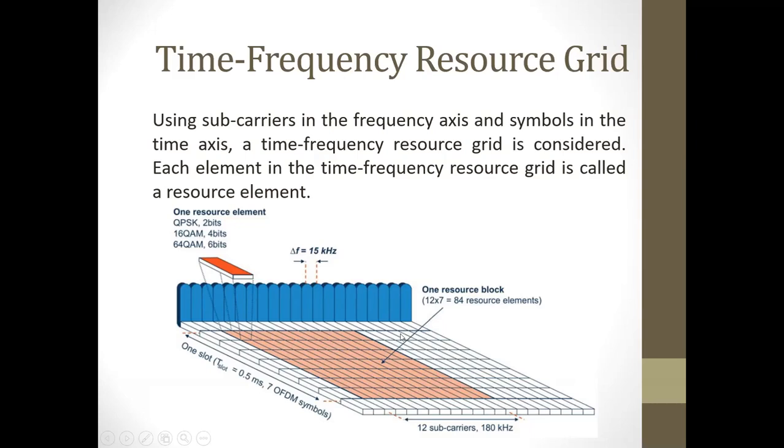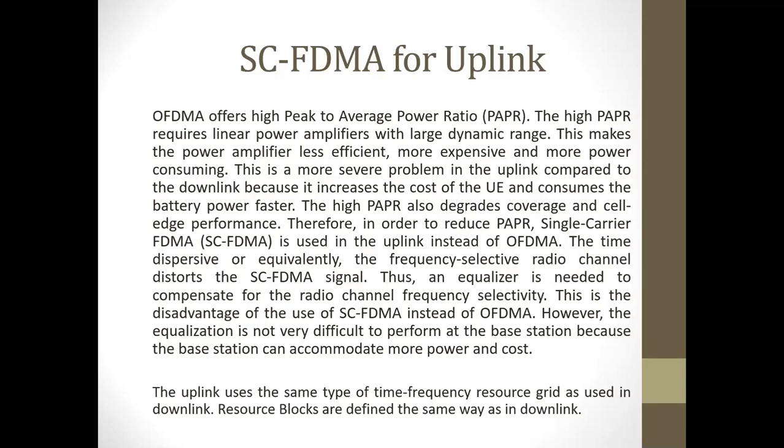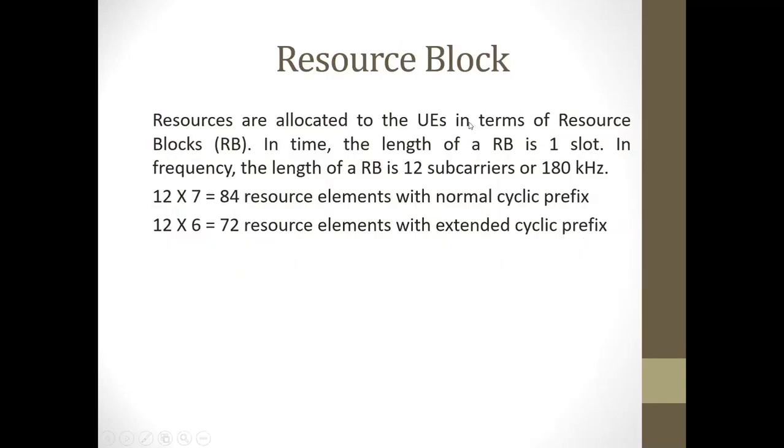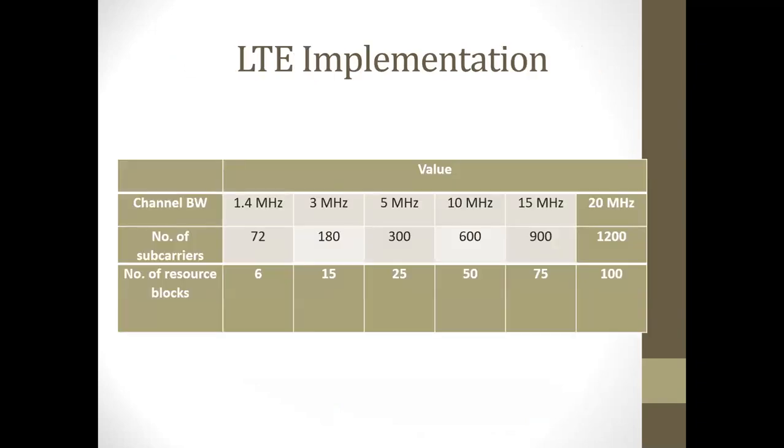The same kind of time frequency resource grid you have in the uplink, and in the same way you have resource blocks: 12 subcarriers with 12 by 7 resource elements, or 84 resource elements. So all possibilities are there. The resource block definitions and resource grid formations are all exactly the same, and the number of resource blocks is exactly the same in the uplink.